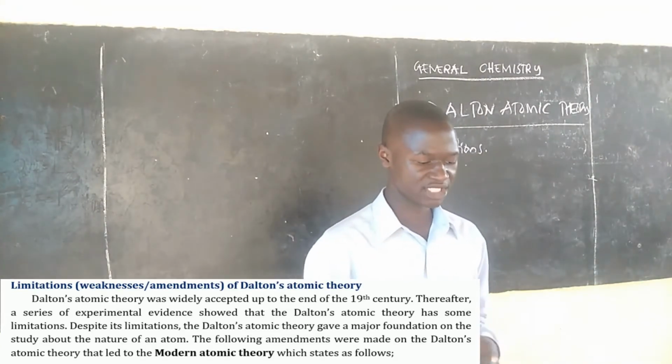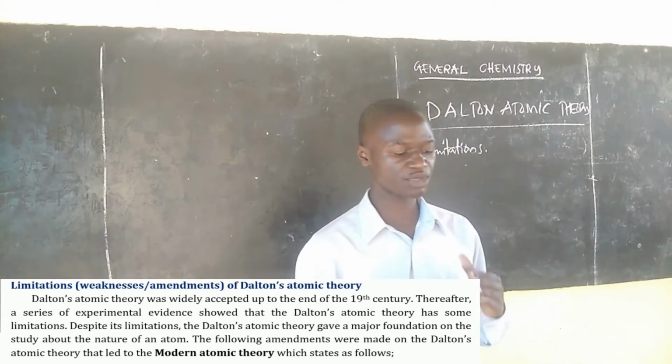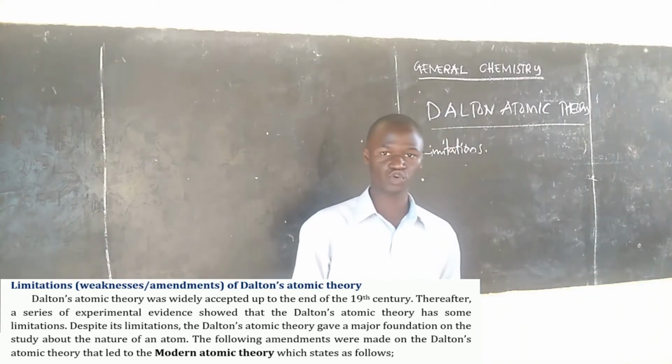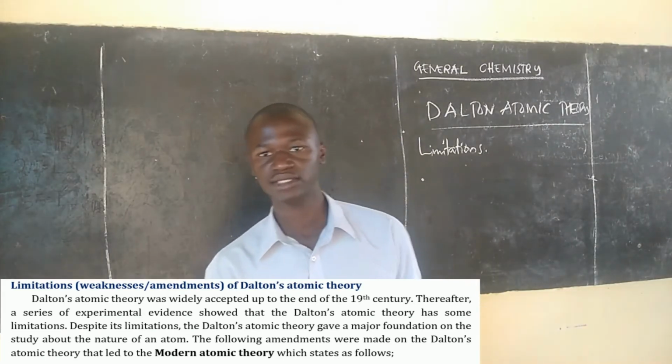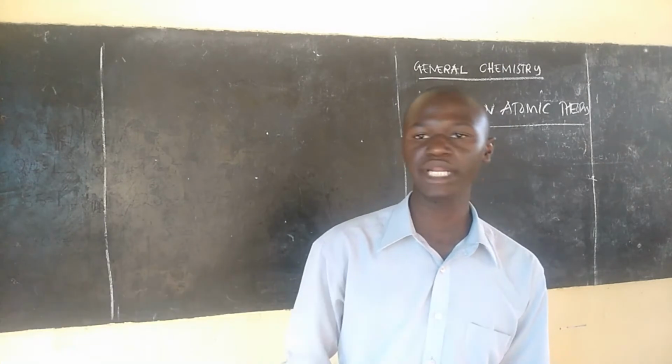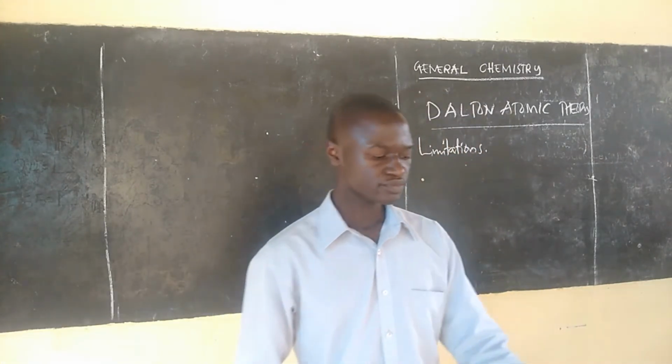So despite its limitation, the Dalton atomic theory gave a major foundation on the study about the nature of atom. The following amendments were made on the Dalton atomic theory that led to the modern atomic theory, which states as follows. So these limitations, they are sometimes called the ideas or the postulates of the modern atomic theory.